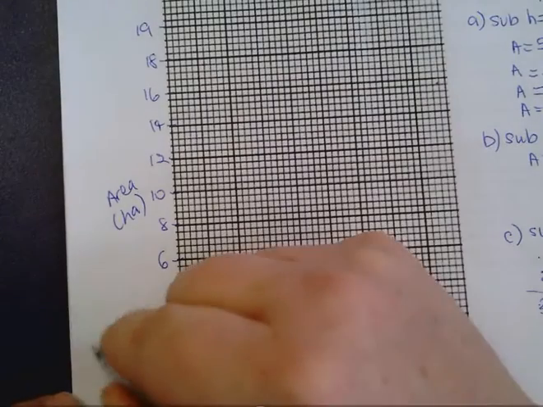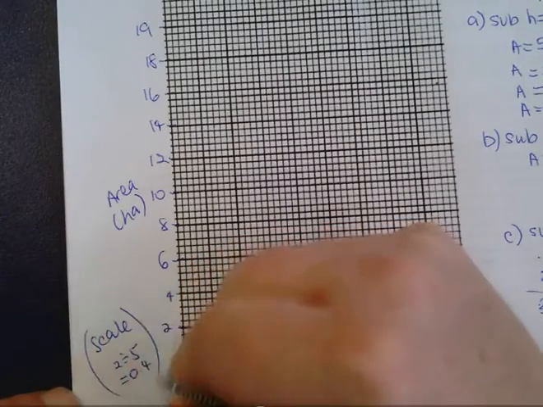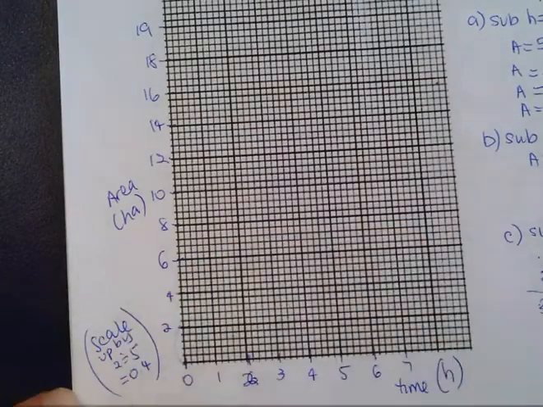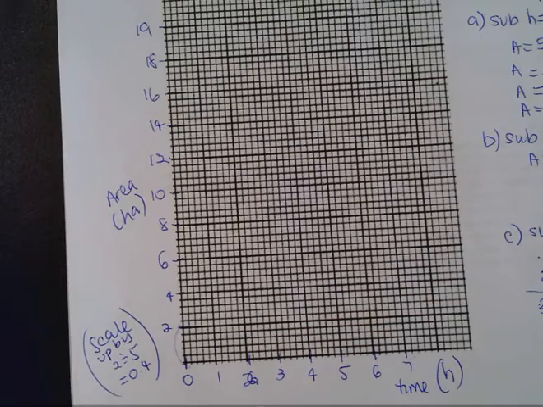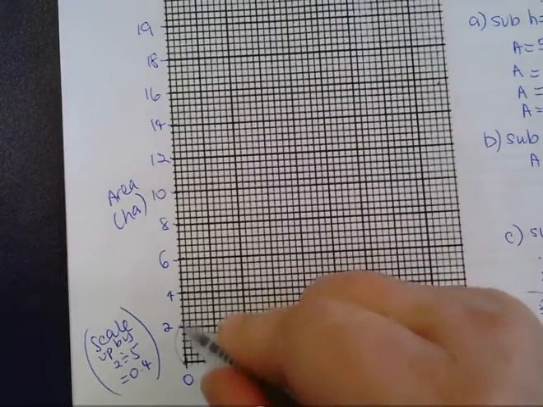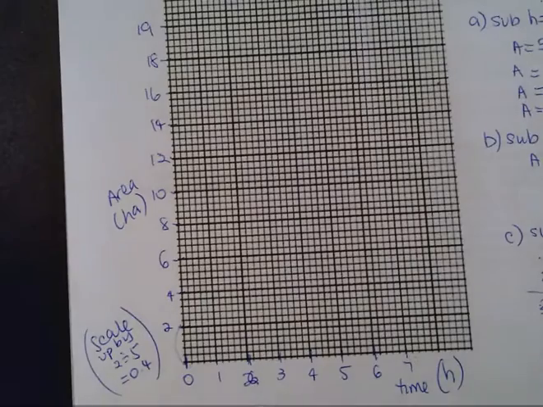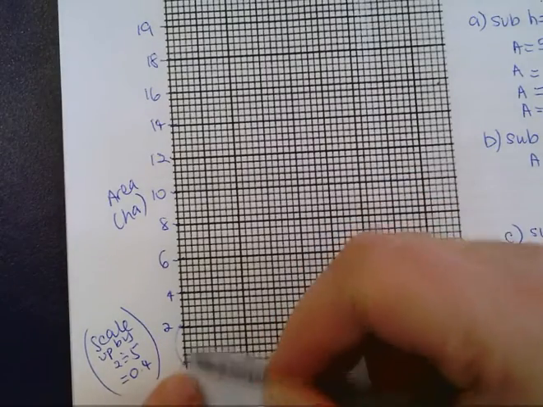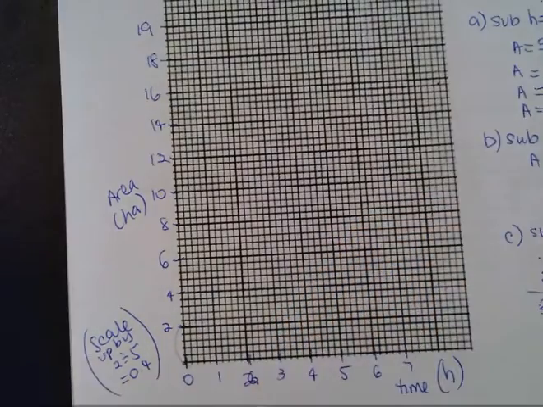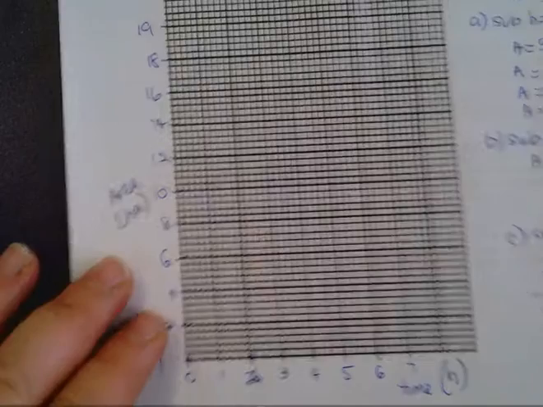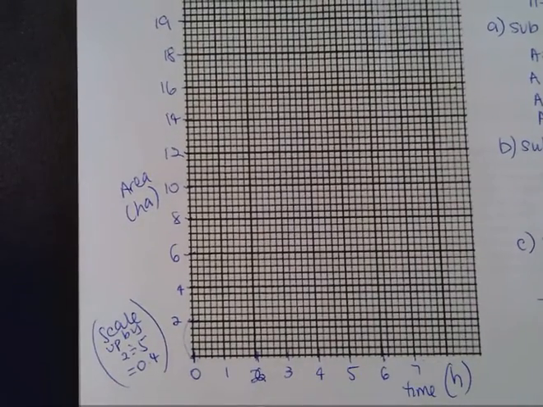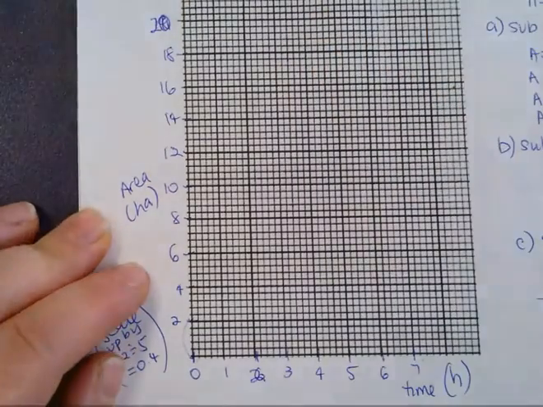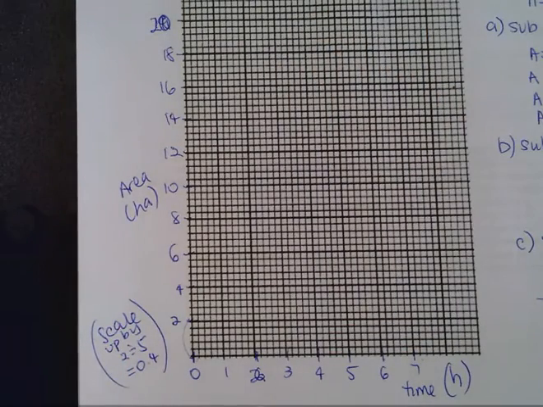In other words, the scale goes up by 0.4. If that's 0 and that's 2 and there's 5 jumps to get there, each little square is 0.4 unless we put something else on our axis. Little error there, that's a 20. Okay, so scale goes up by 0.4.